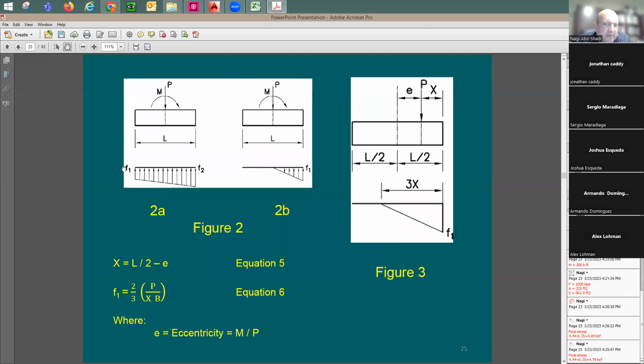What I need to care about is that this pressure, F sub 2, doesn't go above the allowable value. But when you have a big moment and the footing starts to lift up, it means there's no contact here between the footing and the soil, and this is going to be the stress distribution on the footing due to this vertical load and moment.